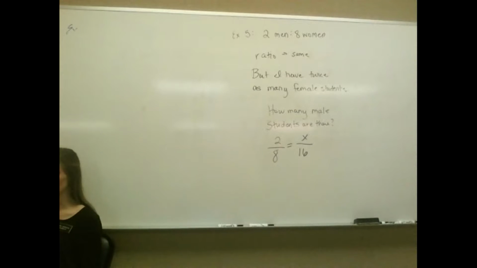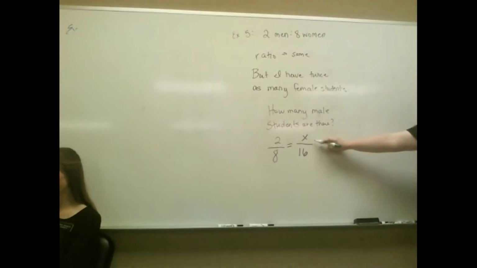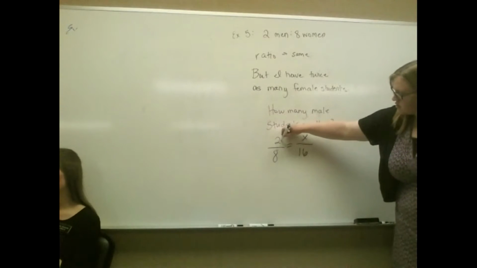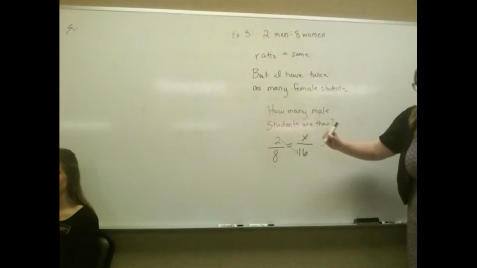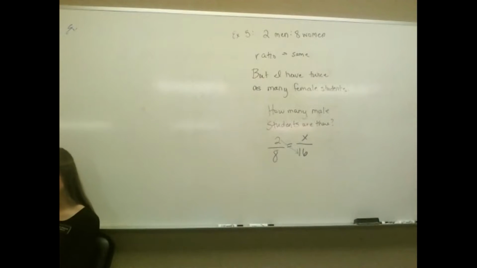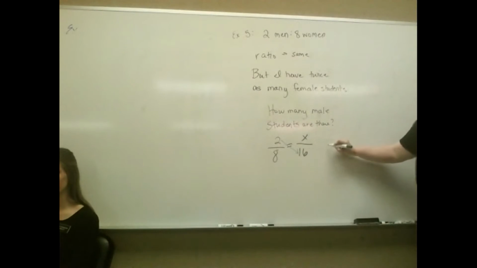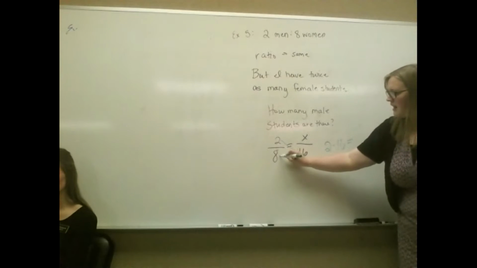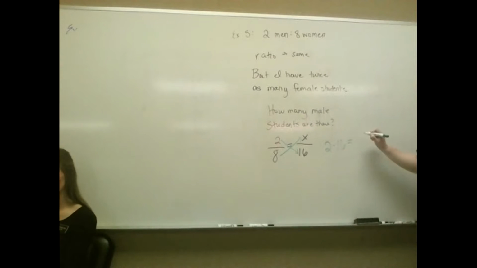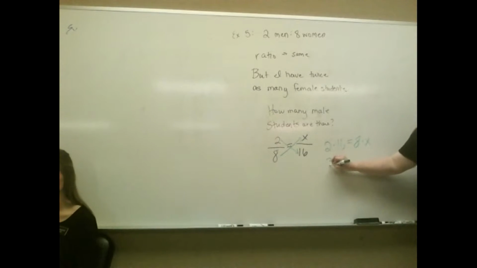So last week we talked about cross multiplying. That's the same method we do here. In order to solve for X, we're going to take 2, multiply it by 16. So we have 2 times 16 equals 8 times X. Two times 16 is 32.